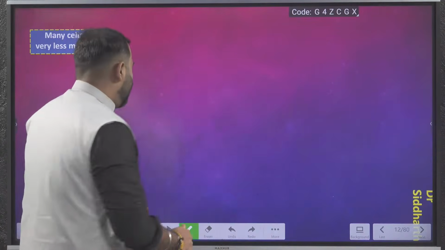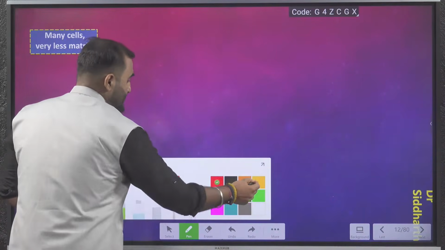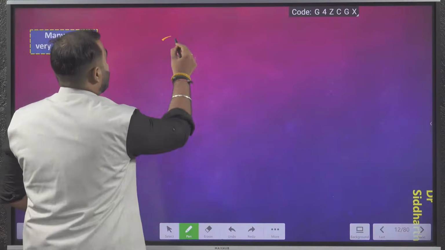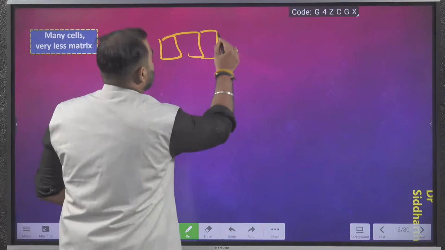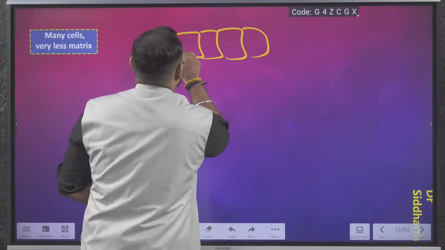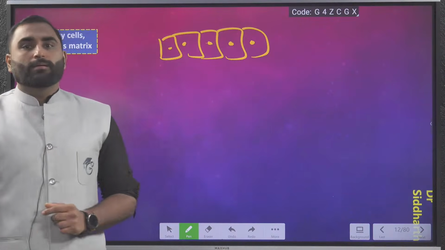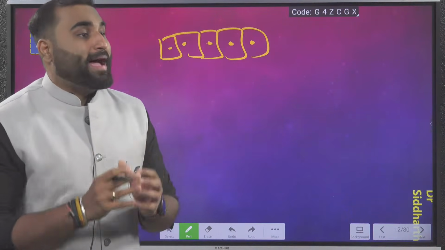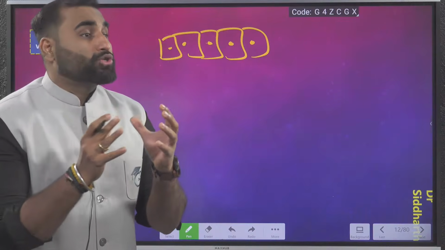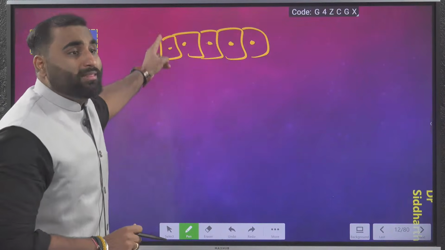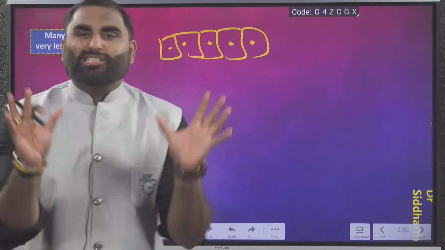So when I say epithelial tissue, let's say these are the cells. The cells are closely packed, and in between them space is almost absent.